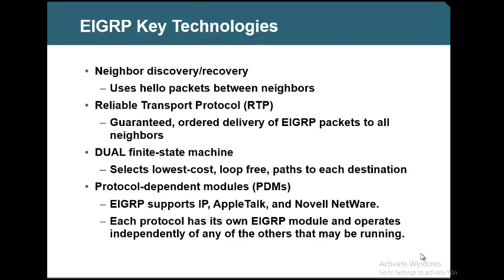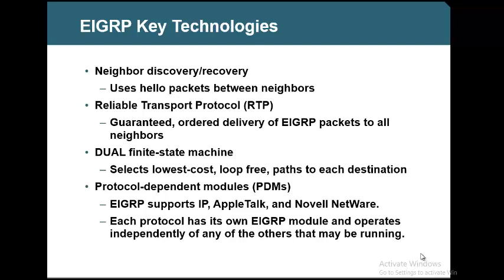Using the hello packets, one router will expose itself to the other router. The other router will learn this router as a neighbor. Every router shares hello packets, and it's the hello packet that helps to discover the neighbor.